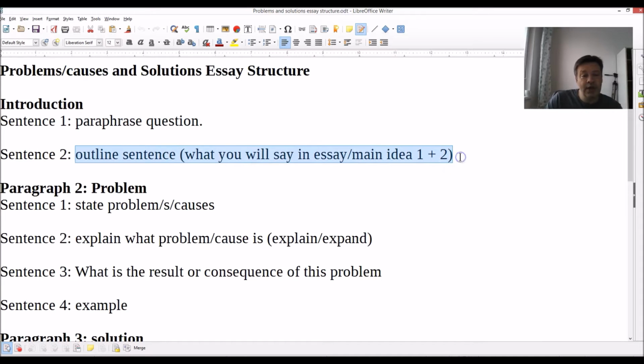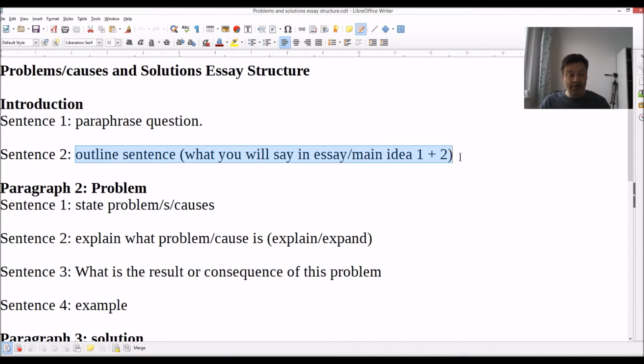We have to briefly answer the 2 questions. This is what I think the problem is. This is what I think a solution to that problem might be. Now, depending on how it's worded, if it says, what do you think is the problem, you have to say so. I think the problem is. If it doesn't say, what do you think, you can write it in a more objective way.